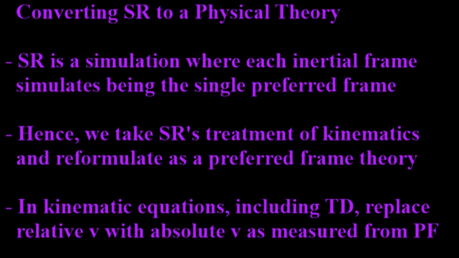Hence, we take special relativity's treatment of kinematics and reformulate it as a preferred frame theory. For the kinematic equations, including time dilation, alleged time dilation, which we'll rename as clock retardation, we replace the construct of relative velocity with absolute velocity as measured from the preferred frame.